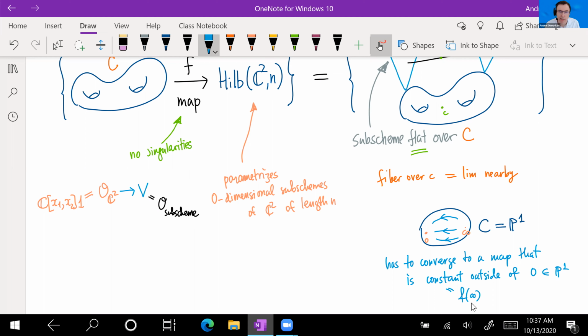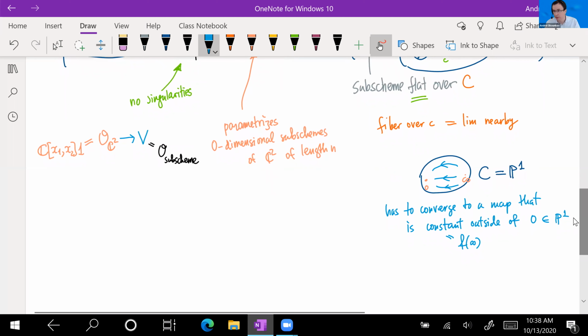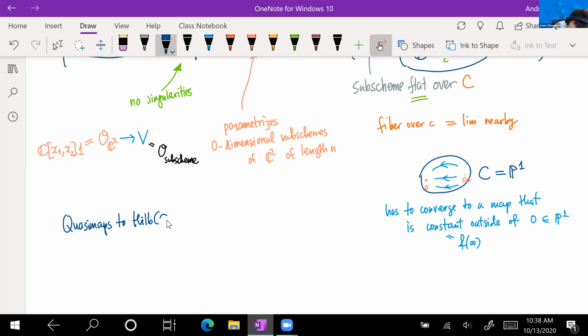I just remind everybody that there are many strategies to deal with it, and one was we could talk about quasi maps from C to N, and this is obtained by relaxing the conditions.